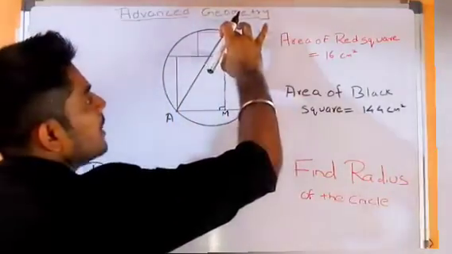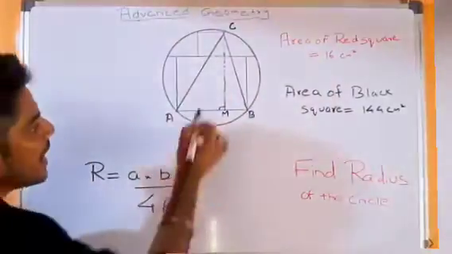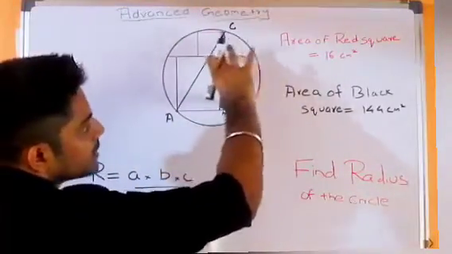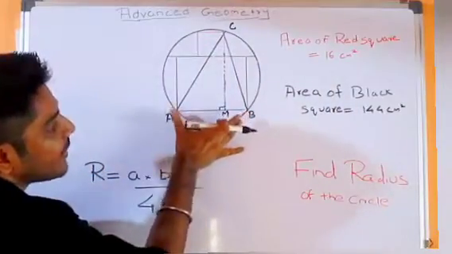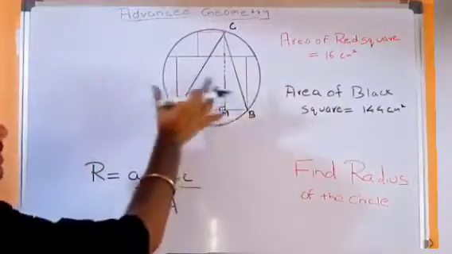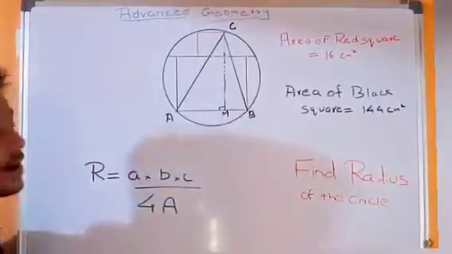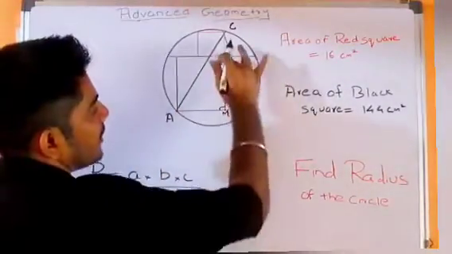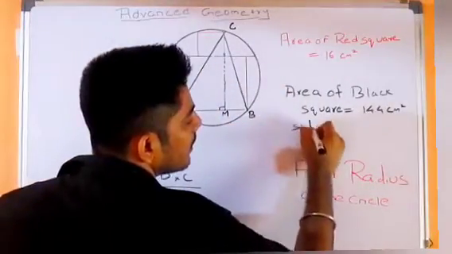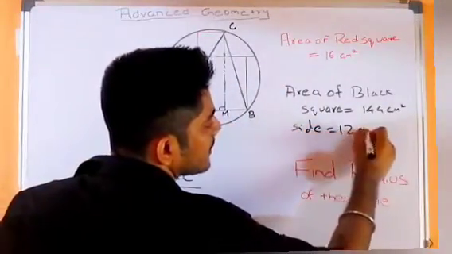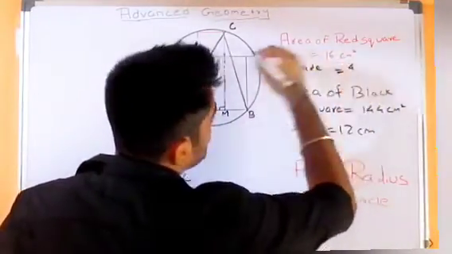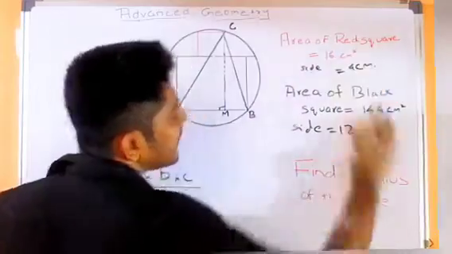So this upper part is 4 centimeters, and this lower part is the side of the black square. The area of the black square is 144 centimeters square, so its side becomes 12 centimeters, and the side of the smaller red square becomes 4 centimeters.